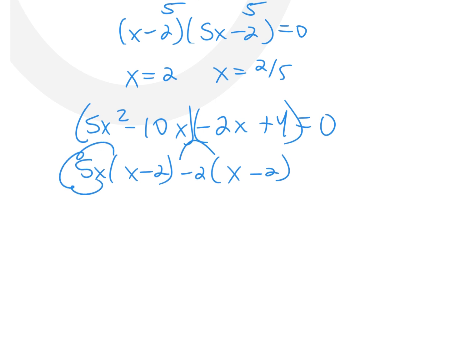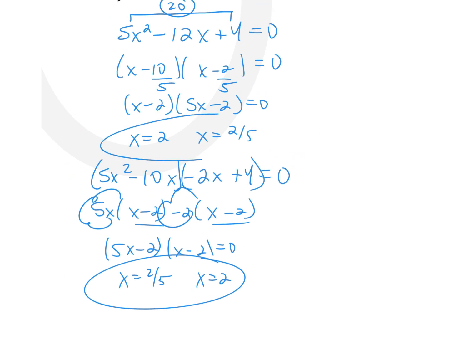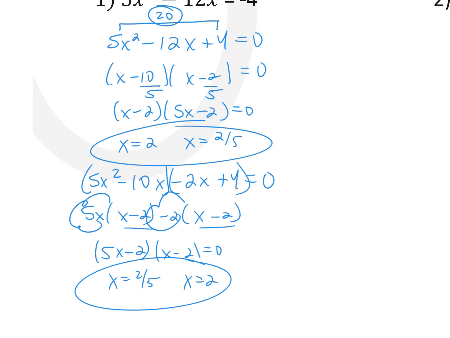So here, 5x minus 2 gets its own parenthesis. X minus 2 gets one parenthesis. And then you solve. You get x equals 2/5 and x equals 2. Same thing. If you're going to do it the top way, where you just find the factors and then divide by the a term, you have to remember to divide by the a term.